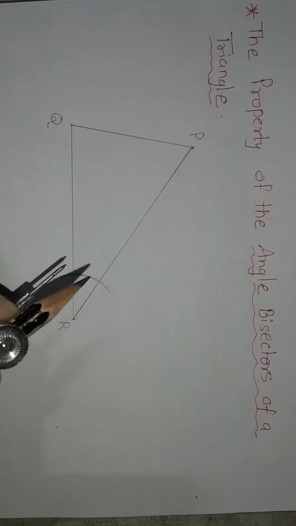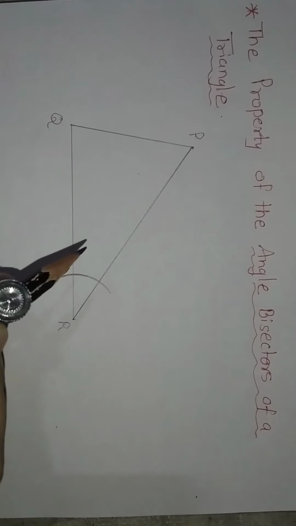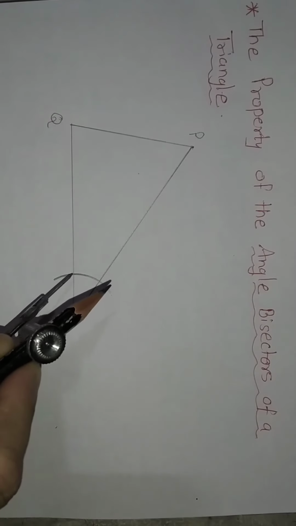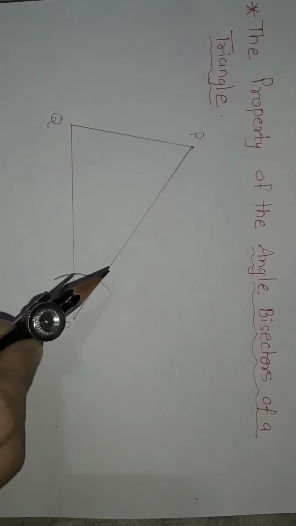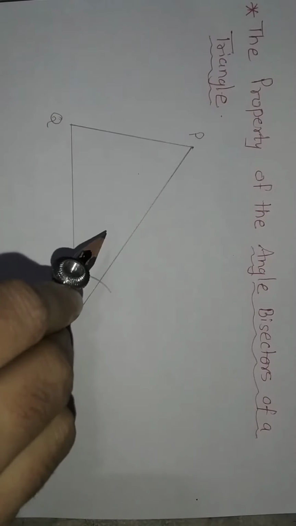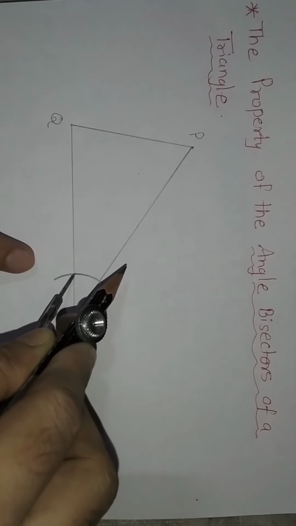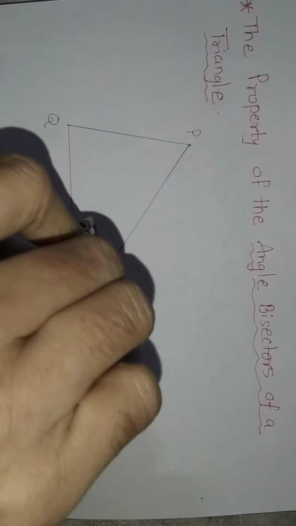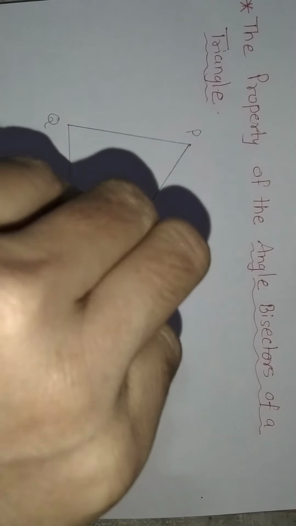Now take an approximate distance in your compass, put one end of the compass on the previously drawn arc at one point, and draw an arc in the interior of the triangle in this way.